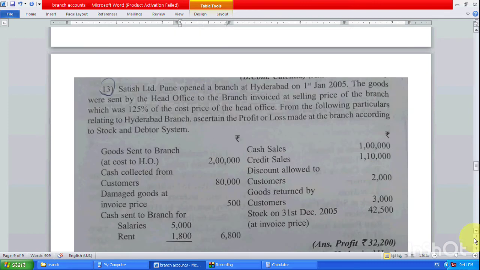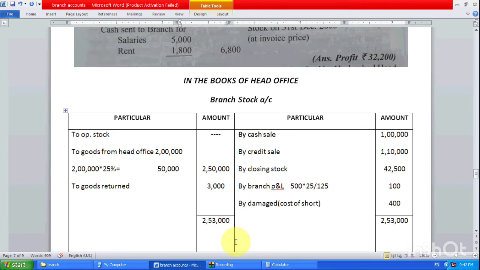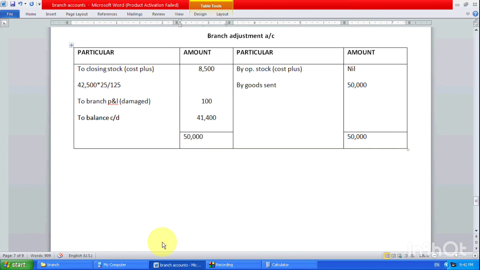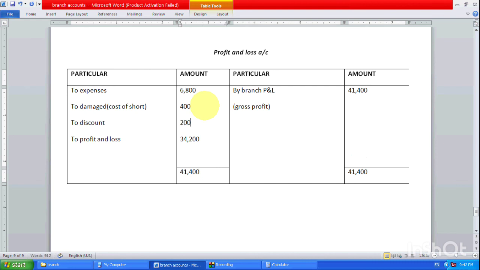Okay, here see, this is question number 13 we are doing, and this problem is solved through the debtors and stock and debtors system. First we have to write branch stock. Then a different performance we have to perform. Cost of stock, 400 is cost of stock. Okay, here one thing, discount allowed, we forgot the discount allowed. Right here discount, how much? 2,000 is the discount.